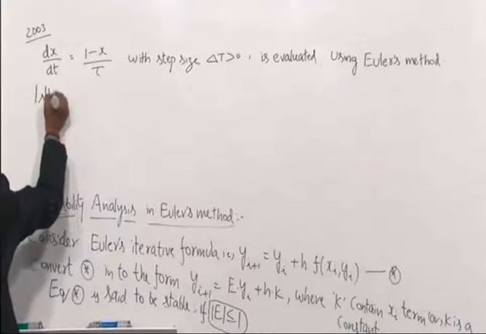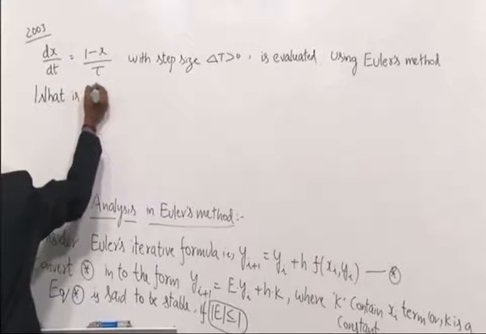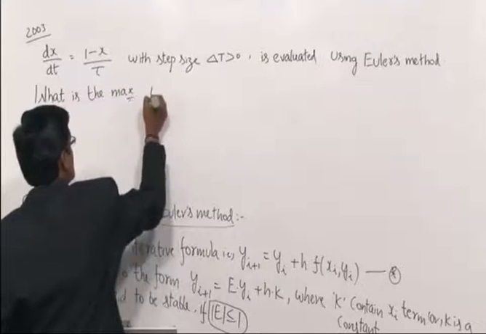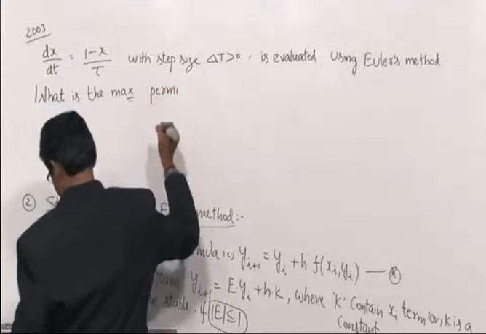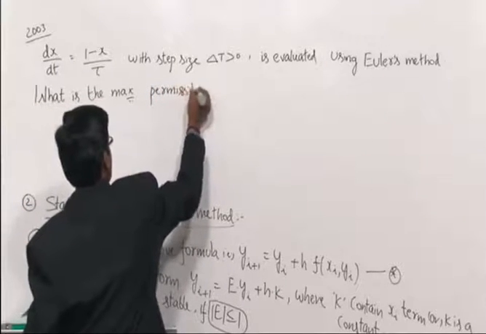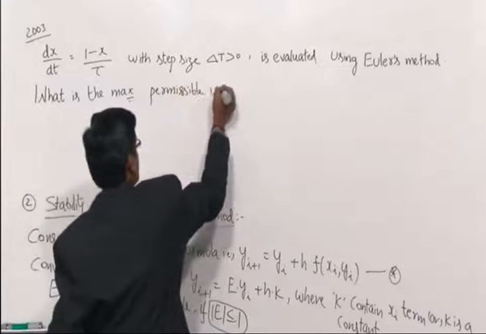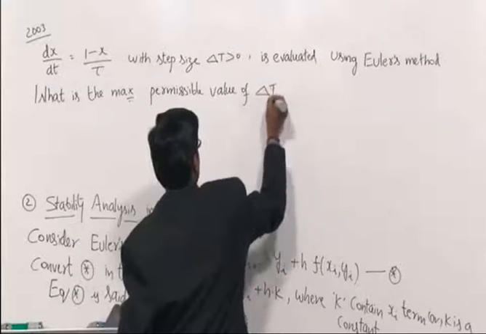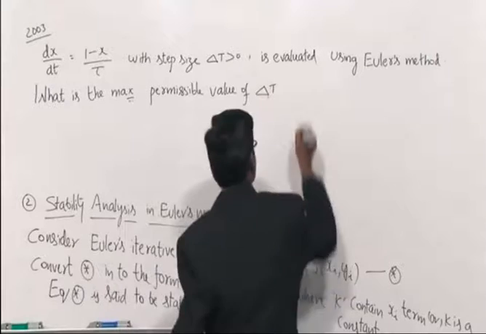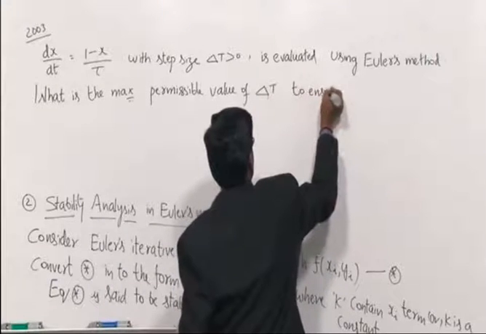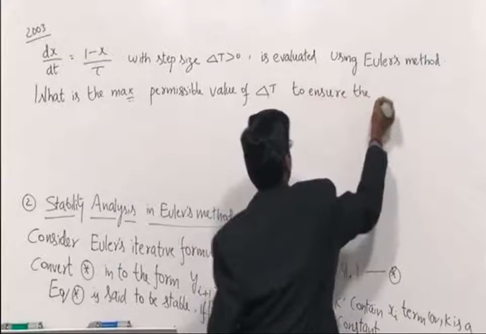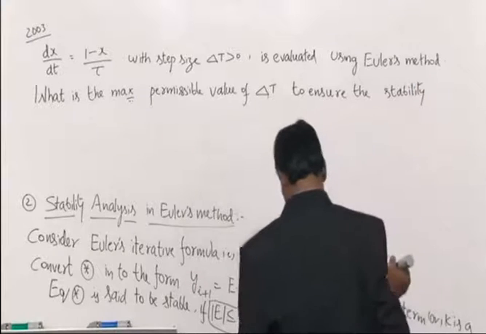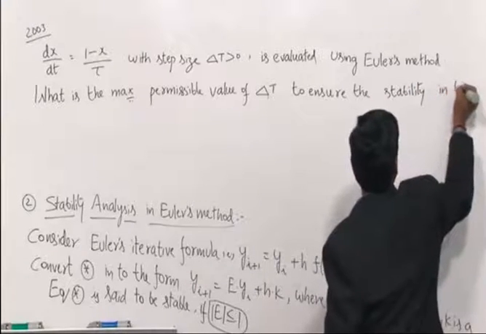What is the maximum permissible value of delta t to ensure the stability in the solution?